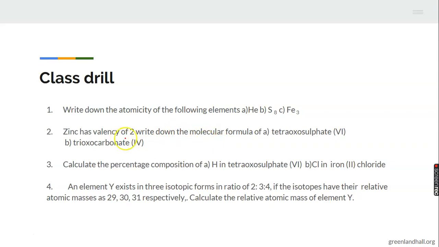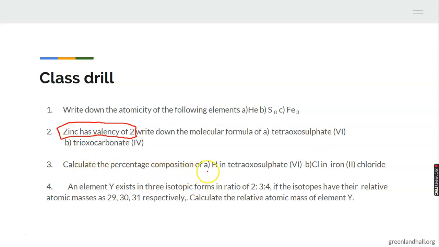I guess we don't need this after all, because the one I gave you does not include zinc. So you just have to try to write down the molecular formula of these and calculate the valency of each of them. Okay? And same thing with the third one.